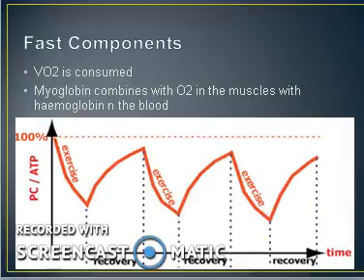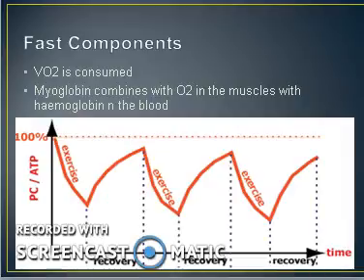Also, oxygen will resynthesize ATP stores and PC stores. Once myoglobin combines with O2, it will take it to the mitochondria when exercise starts, so that you can start resynthesizing it and making the PC and ATP for energy.